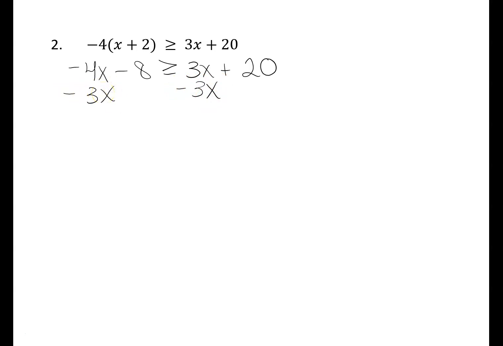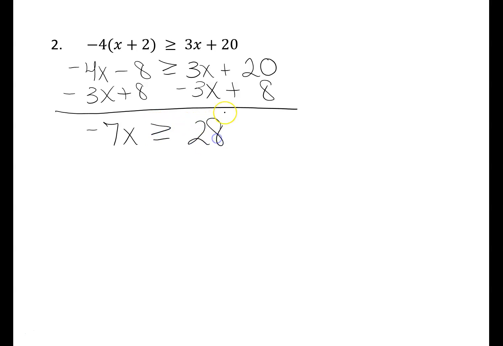That means the constant needs to be on the right, so at the same time, if you want to, you could go ahead and add the 8. If you prefer, you can do that in a separate step. So now on the left side, I have negative 7x. I'm still just dropping down my symbol, keep it the same. And on the right side, we have 28.